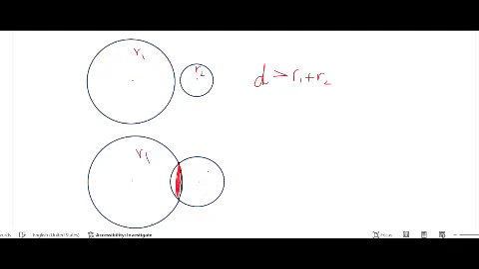Suppose these are the centers, this is r1 and this is r2. This is not equal to r1 plus r2, neither is it as small as r1 minus r2. So this D lies between r1 minus r2 and r1 plus r2. So I have explained these in short.